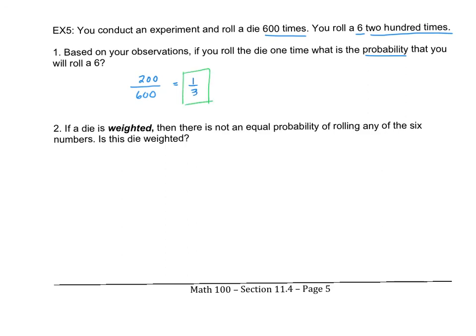So if we take this particular die and we roll it, the probability that we'll roll a 6 is 1/3. If a die is weighted, then there is not an equal probability of rolling any of the 6 numbers. So the question is, is this die weighted? And the answer is yes. It's weighted.